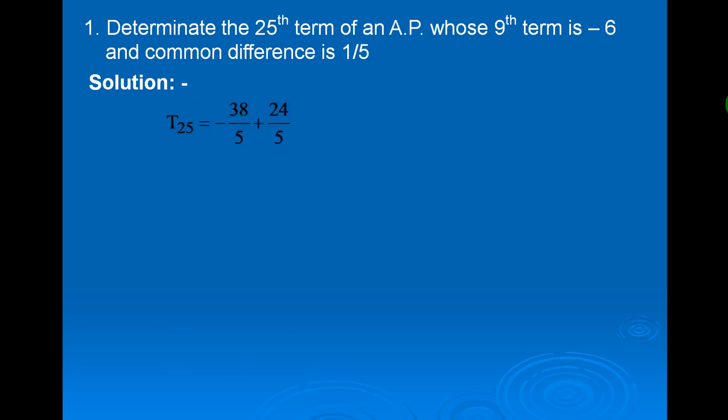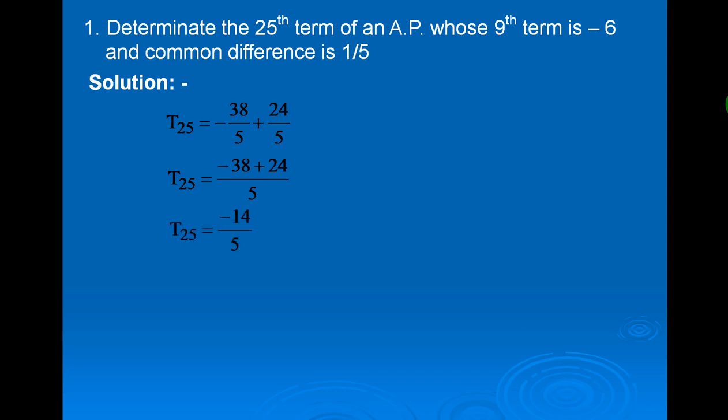or T25 is equal to -38.5 plus 24.5. On the right hand side, take 5 as LCM. So we get T25 is equal to -38 plus 24 upon 5. Now -38 plus 24, they are of opposite signs and the negative term is greater.